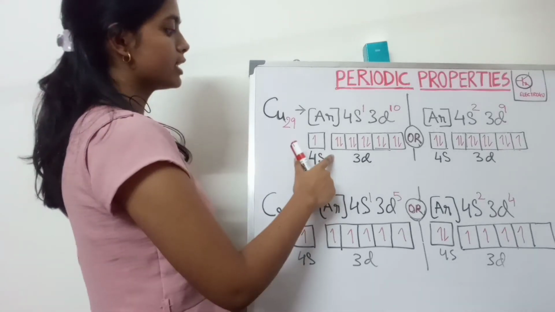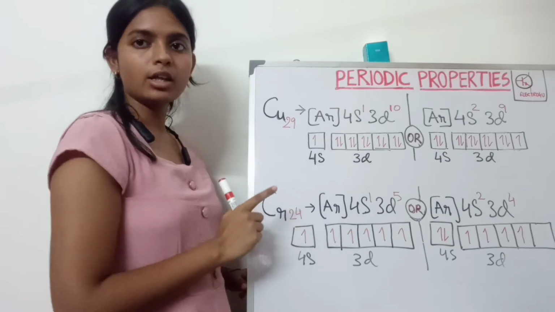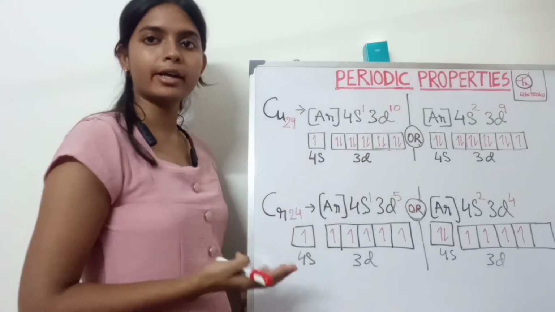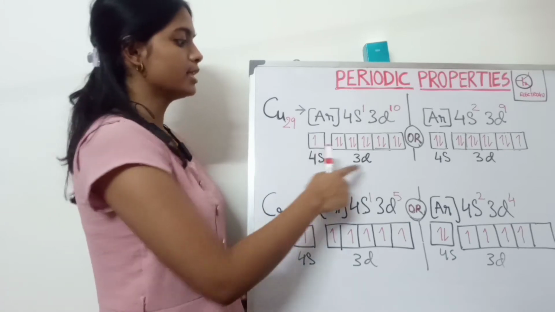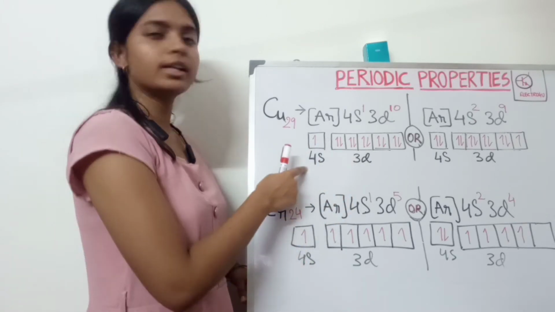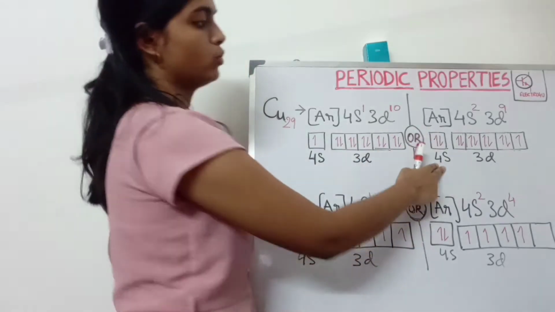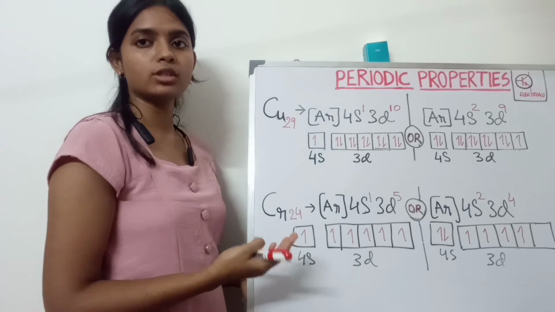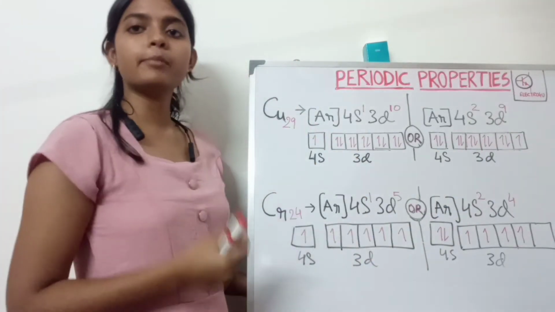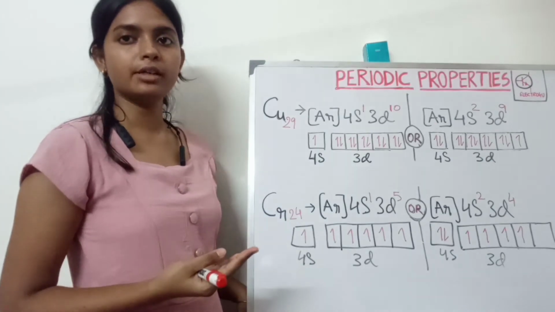So here we can see that in 4s, if we put only one electron, then in 3d all the electrons will be paired up. That means the 3d orbital will be fully filled. But if we keep 2 electrons in 4s and the rest in 3d, then one of the electrons from 3d will remain unpaired, so it will not be completely filled.